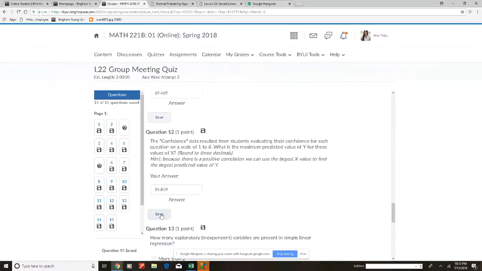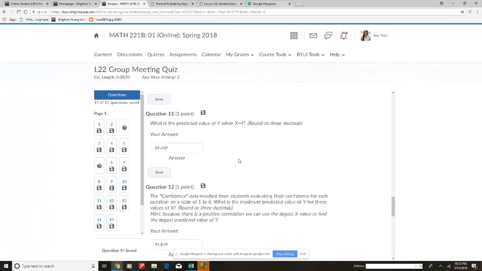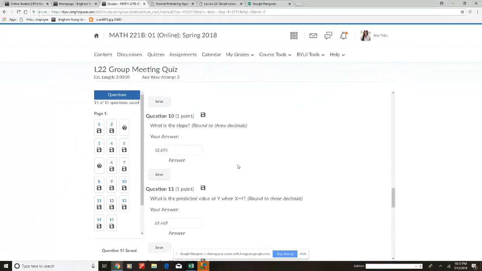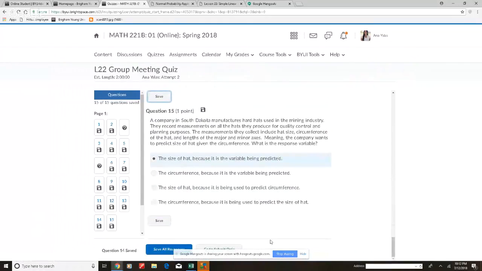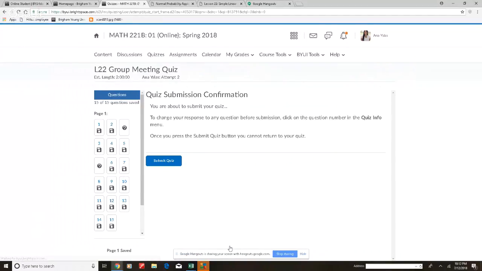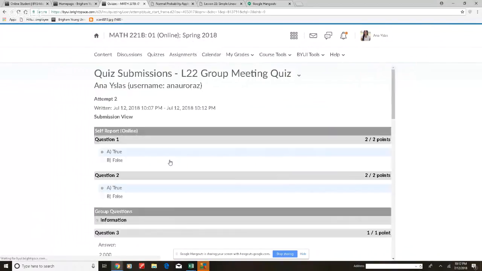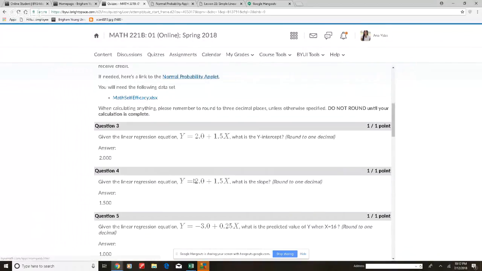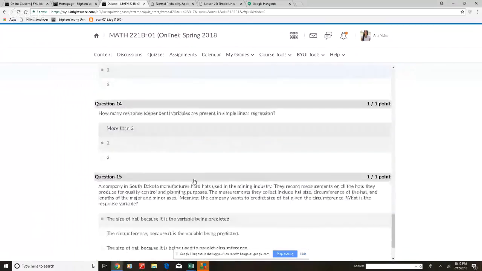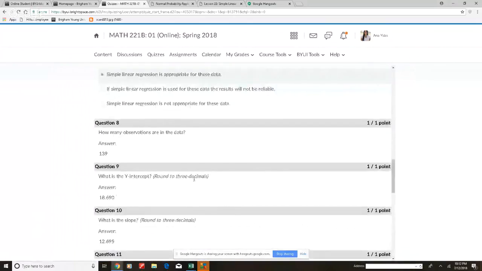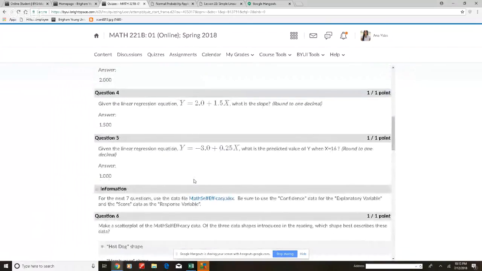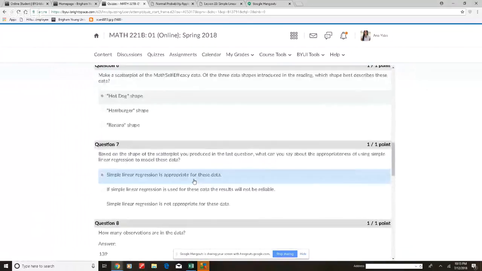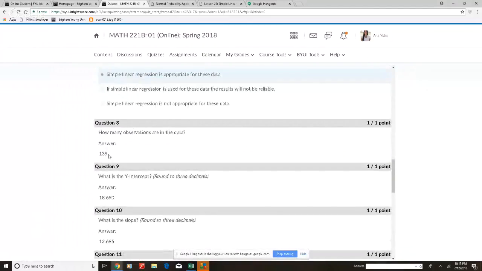Technically, I've been looking at the book for a while, unless it's in a different chapter. But in statistics, the N equals is just the amount of observations. Usually when it's the group quiz, it's from that. So 139.